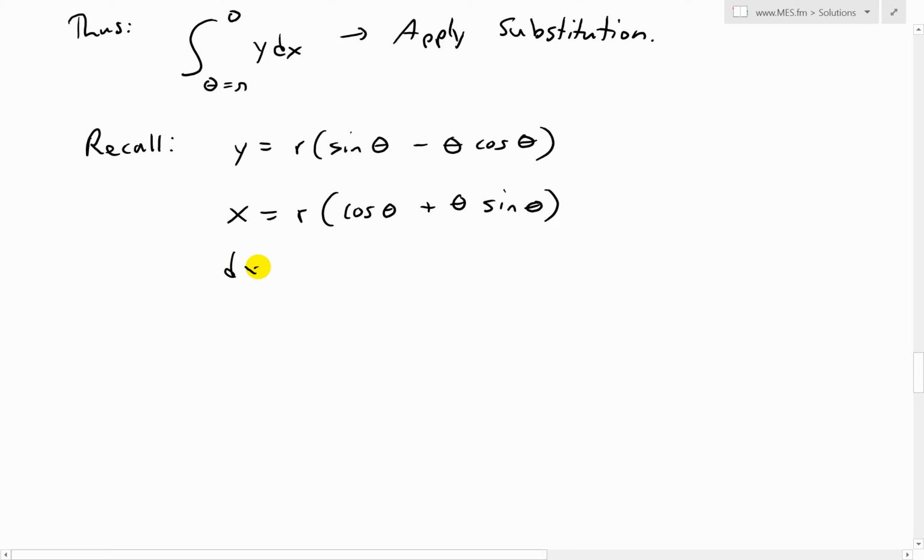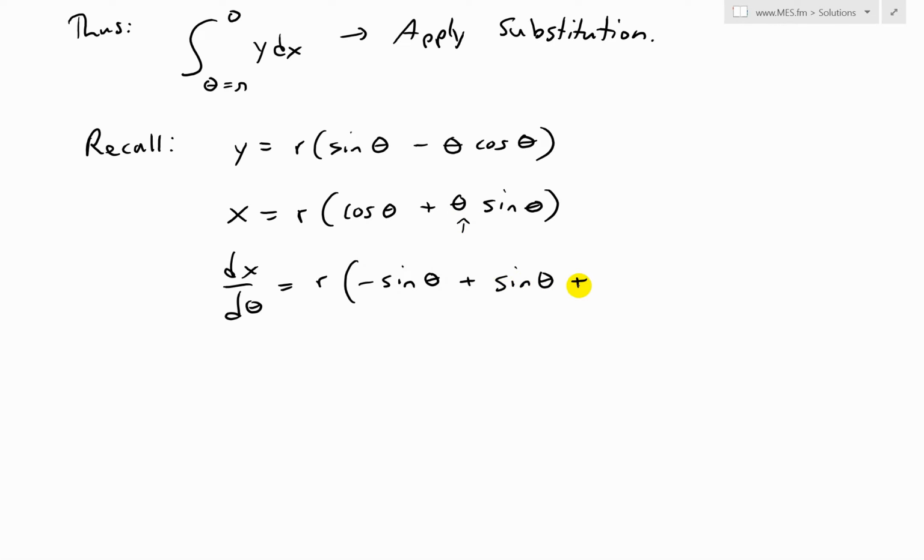Then take the derivative dx over d theta, this just equals, well, r inside here is negative sine theta, plus, and now we need to apply the product rule here, so the derivative of theta is just 1, so then 1 times sine theta, plus now we take the derivative of this one, so we just write theta, and then the derivative of sine is just cosine theta.